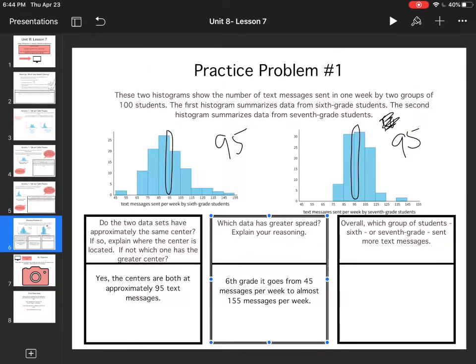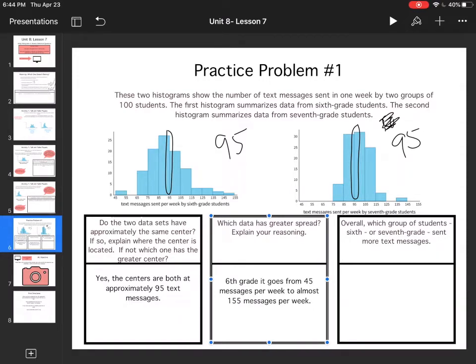Overall, which group of students, 6th or 7th graders, sent more text messages? Well, if we look at the data, you can see that the majority of students in the 7th grade sent between 85 and 115 text messages.